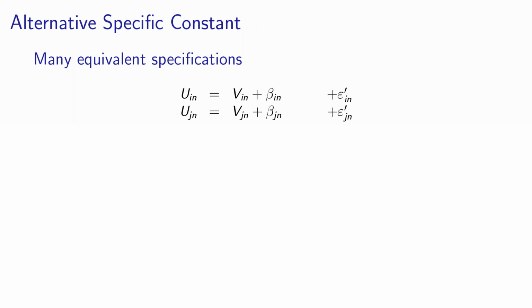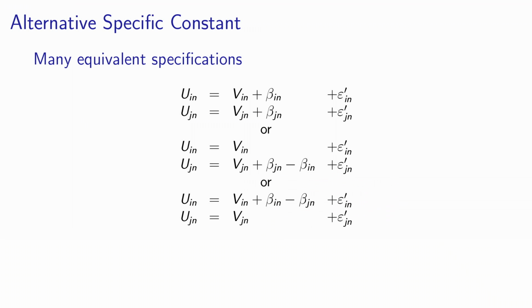As shown before, the utilities Uin and Ujn can be expressed as follows, where we removed the mean of the error term from the random part and moved it to the deterministic part. But this specification is also completely equivalent to this one, which consists of adding the difference between the means only to the utility of the j alternative.